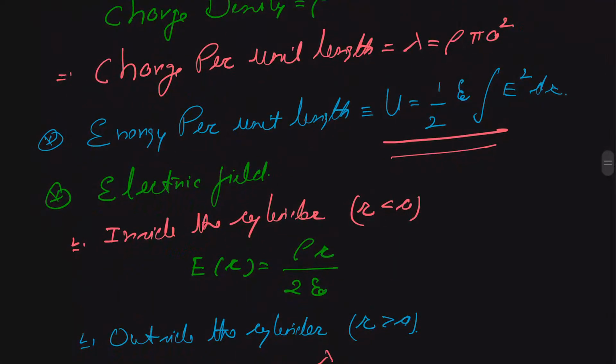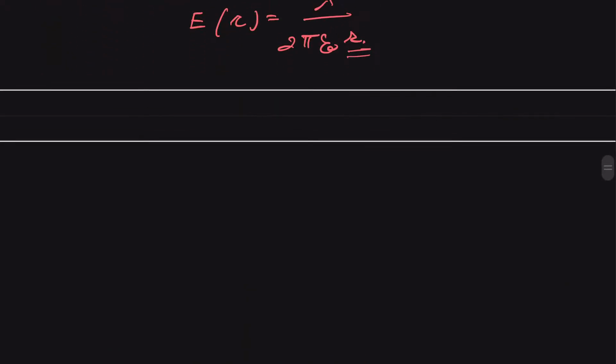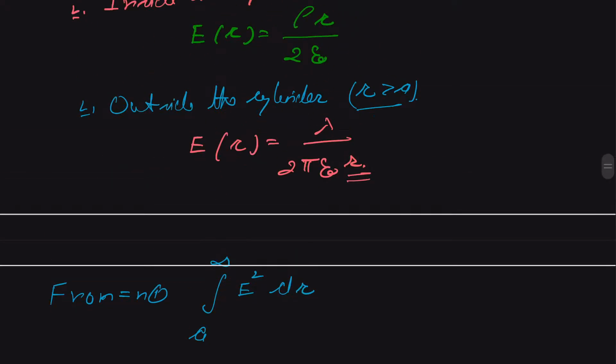Let us call this equation 1, and we are only going to consider it on this integral part, because that is going to create a problem. So from equation 1 we are going to take the integral of our electric field with respect to dr, and this limit is going to vary from a to infinity, for r greater than a.